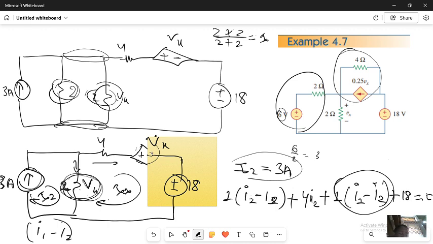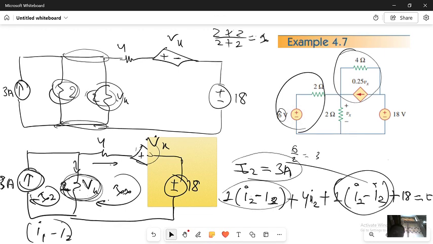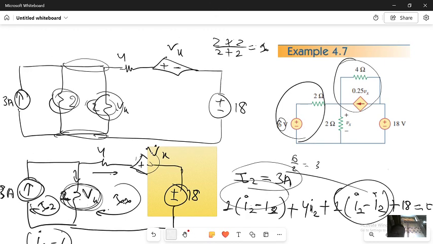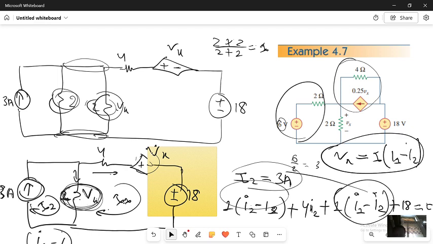When you use KCL, you will determine that this current will be I1 minus this one. So now you have a value of I2, replace it, and you will determine the value of I1. When you get the value of I1, it will be easier to determine the value of Vx, because Vx is going to be equal to 1 multiplied by I1 minus I2. That's the value of Vx.